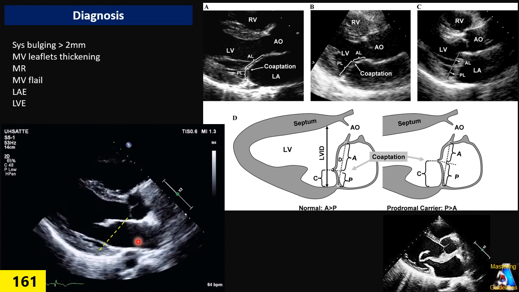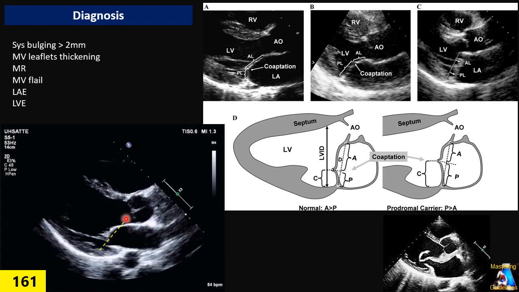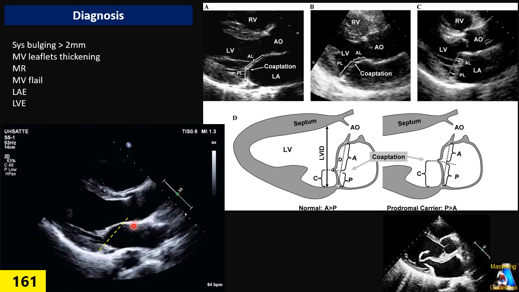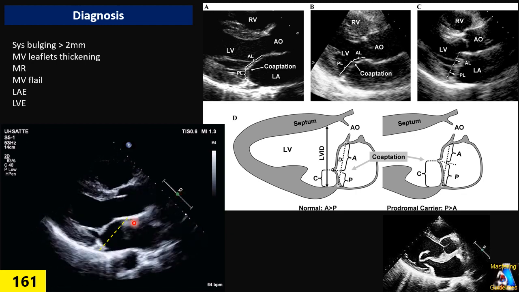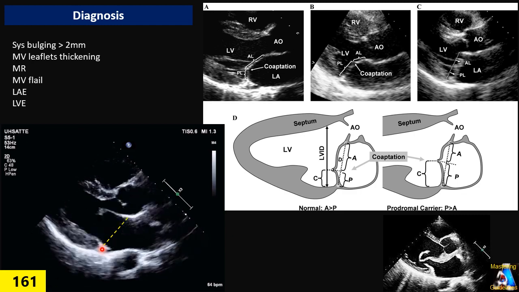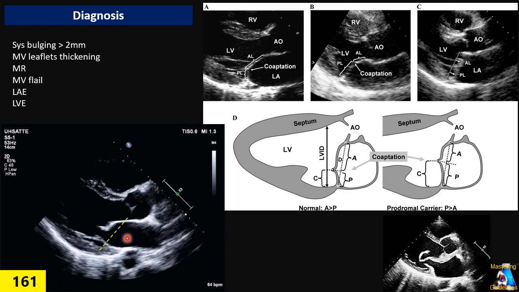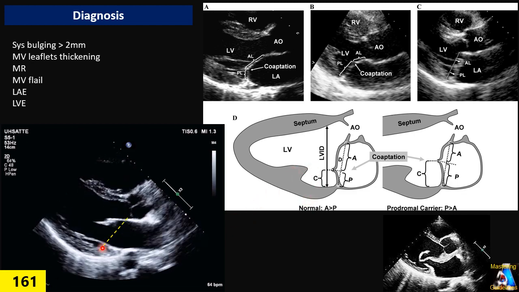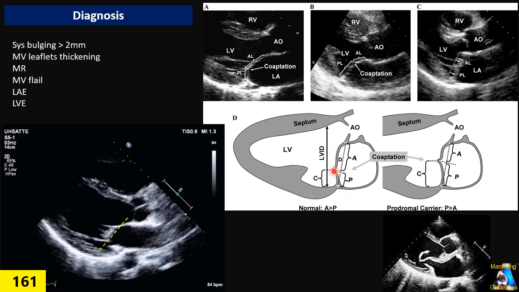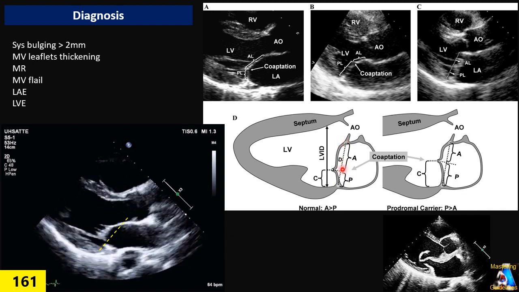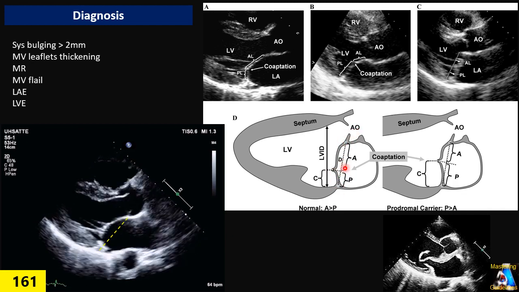So if during systole we make a marker connecting the anterior hinge to the posterior hinge, that will be our annular plane of the mitral valve. In the normal, this coaptation is anterior to the annular plane.